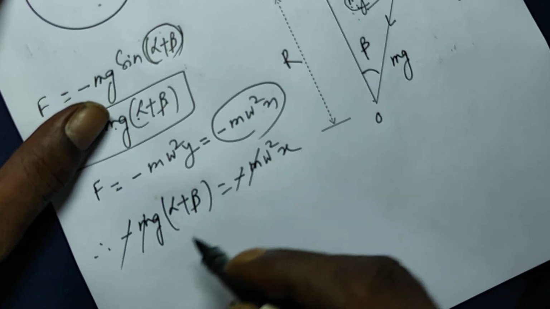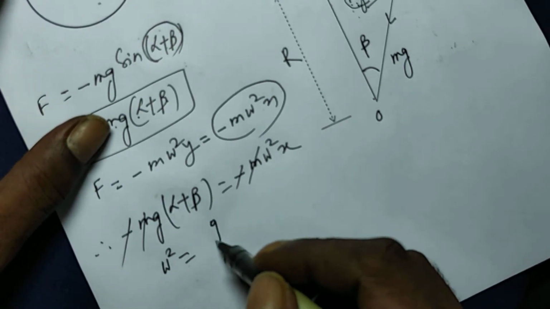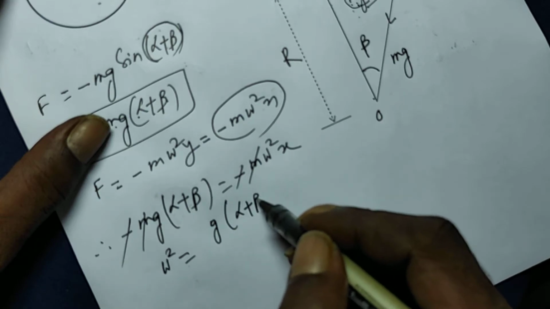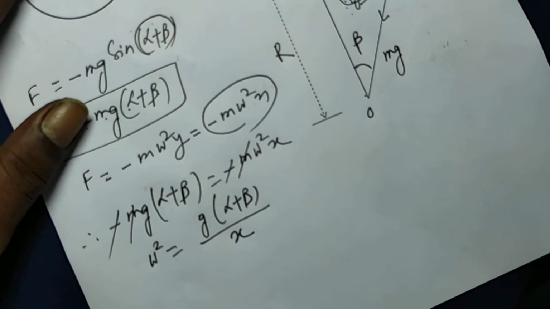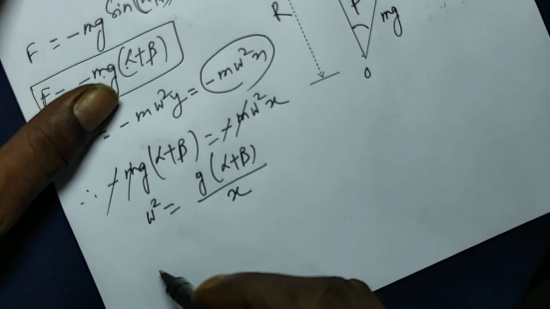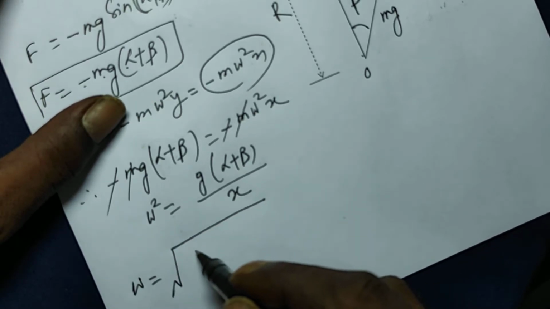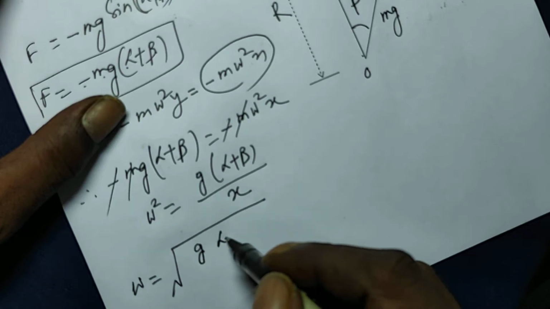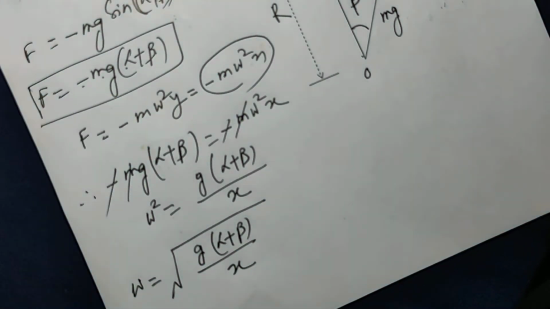So your omega square is equal to g times (alpha plus beta) over x. If you take the square root, we get omega is equal to the square root of g times (alpha plus beta) over x.